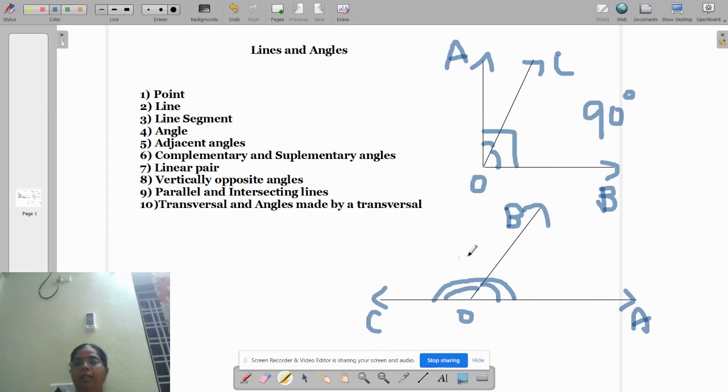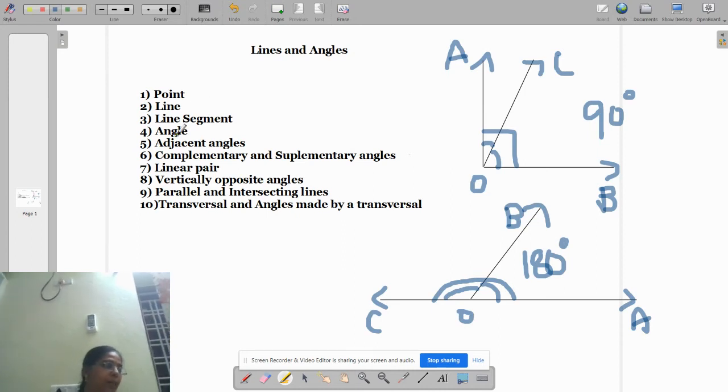So if the sum of the two angles is equal to 180 degrees, then such angles are called supplementary angles. If two angles sum to 90 degrees, it is called complementary. If two angles sum to 180 degrees, then it is called supplementary.